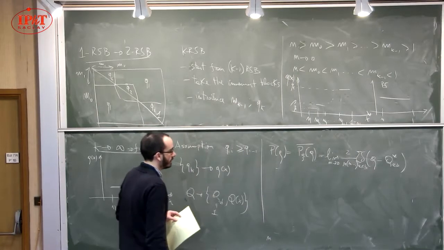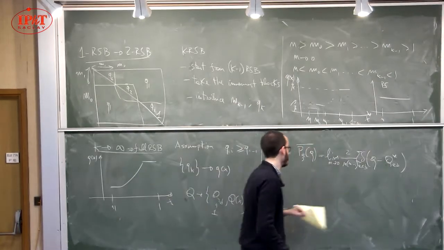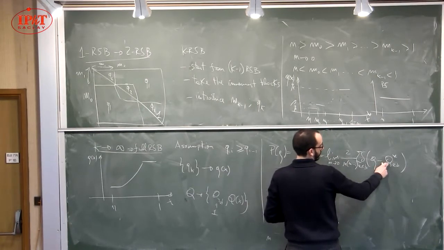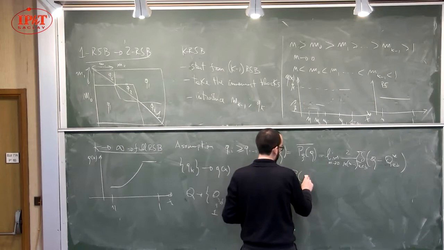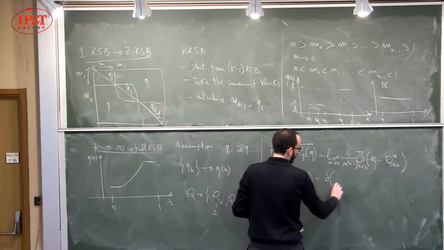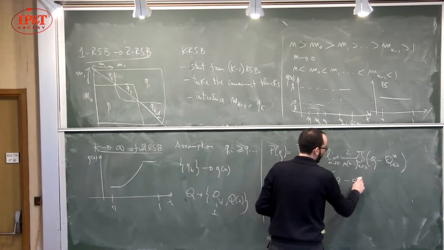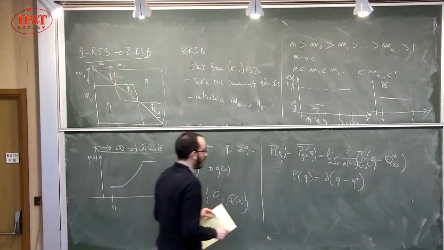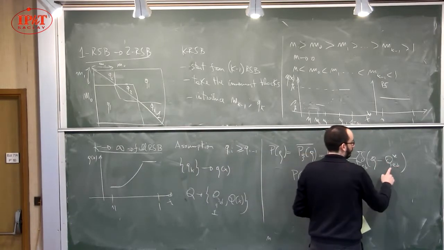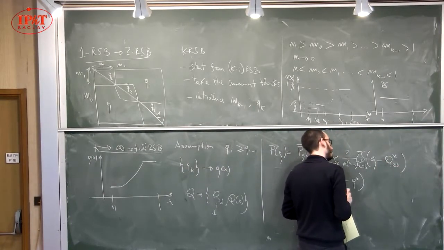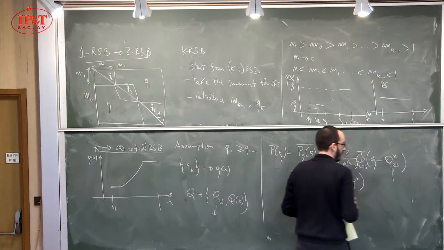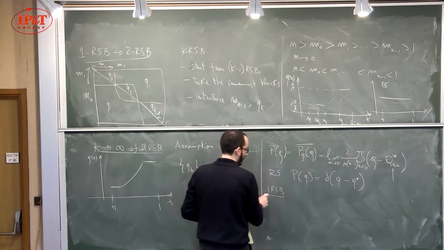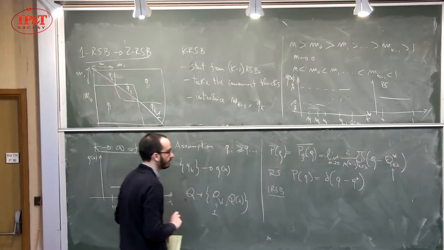We showed that if we plug a replica symmetric ansatz for this, then P of q is a delta function of q minus the saddle point of the replica symmetric solution. Now let me consider what happens if I consider a 1RSB ansatz. So this is RS. Let me consider one RSB.